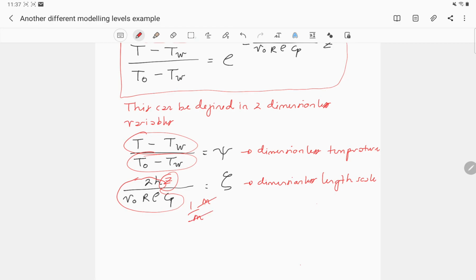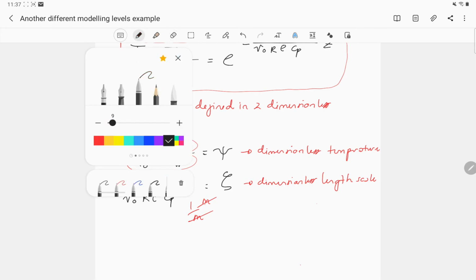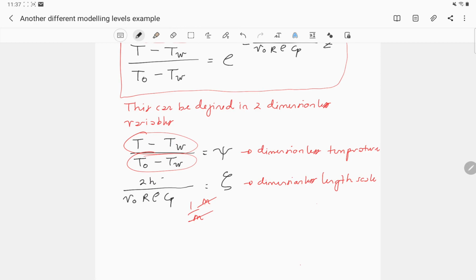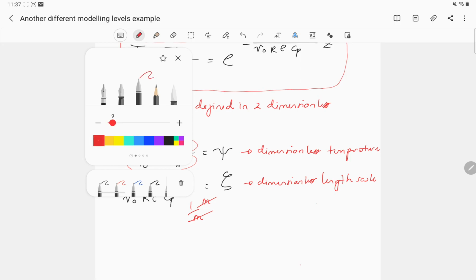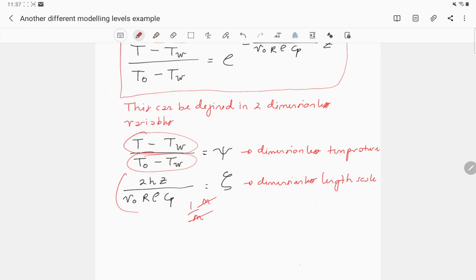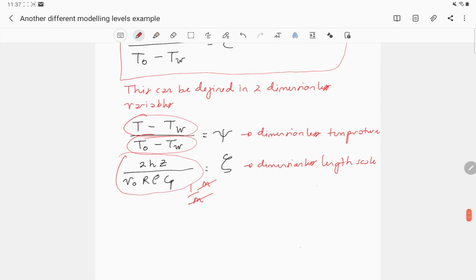Okay, so I need to rectify these things in here. So instead, this dimensionless variable, I should put it in terms of 2hz. Okay, so this 2hz becomes dimensionless. So it's always a good practice to cross check everything.